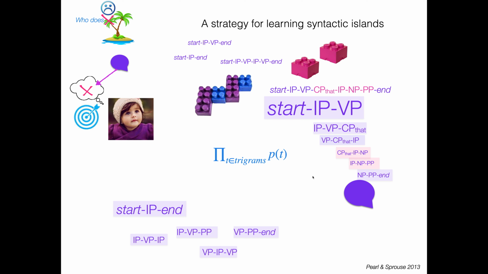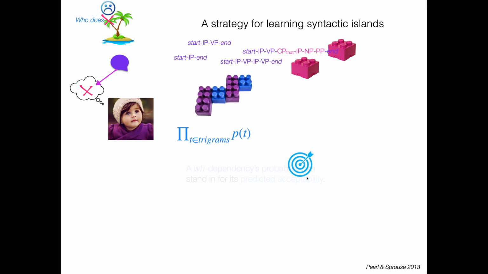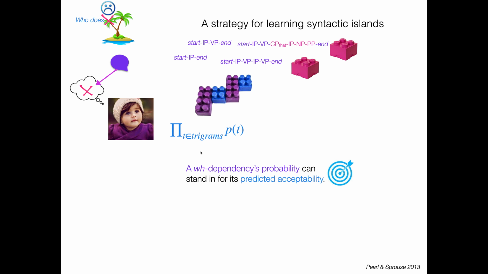So same process, you just multiply the probabilities of your different syntactic trigrams, your different building blocks that you've collected from your input. And then again, the idea is that that probability that you are calculating for any WH dependency, whether you've seen it before or not, can stand in for its predicted acceptability, how acceptable you might judge it to be in these kind of estimation judgments that we saw earlier.